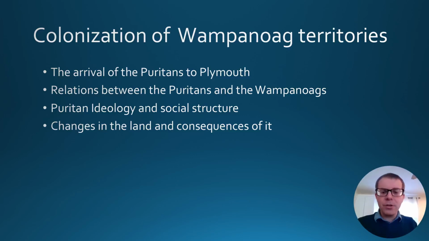And so while there are a couple of peaceful feasts between the local Wampanoags and the Puritans, some of which inspire the modern day holiday of Thanksgiving, for the most part, the bringing of these domesticated animals, the cutting down of nearby forests, leads to tensions between the local Wampanoag villages and the English, and leads to significant violence.